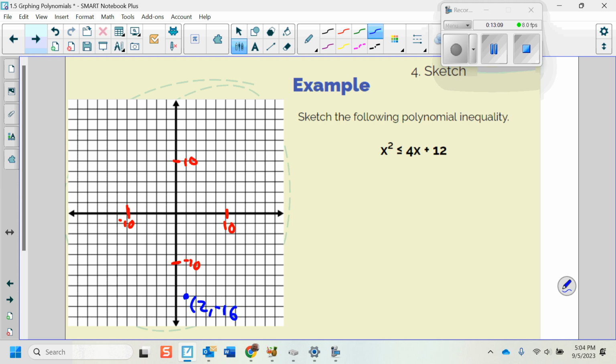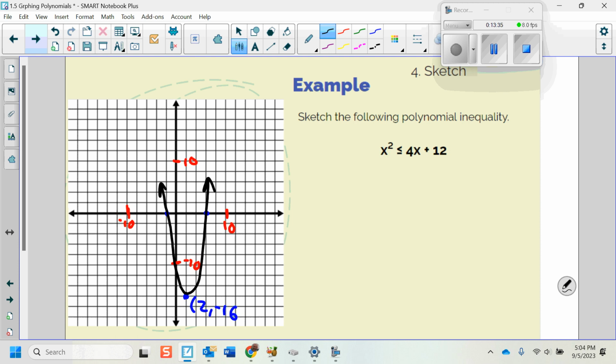Remember, one of my x-intercepts is at 6, 0. That'd be 2, 4, 6 there. And then my other one's going to be at negative 2. It's going to be here. So those are three really important points. Knowing that this is a parabola, I can get a pretty good idea that it's going to be something like that.